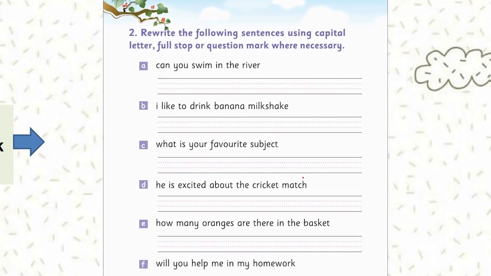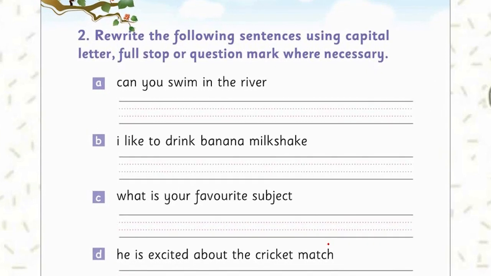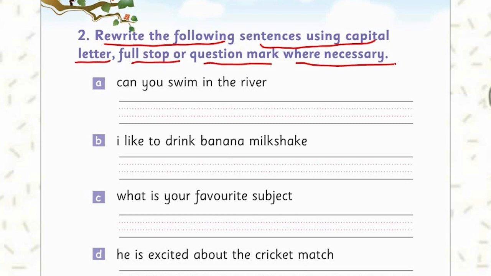On page number 22 of your textbook, we have an exercise. Rewrite the following sentences using capital letters, full stops or question marks where necessary. We have discussed the concepts of full stop, capital letters and question mark, so you have to punctuate it. The first one, can you swim in the river?